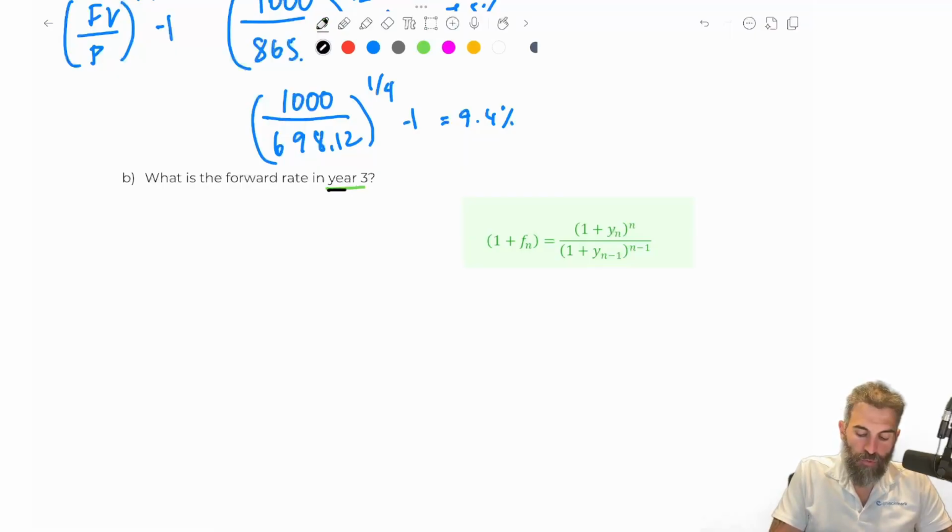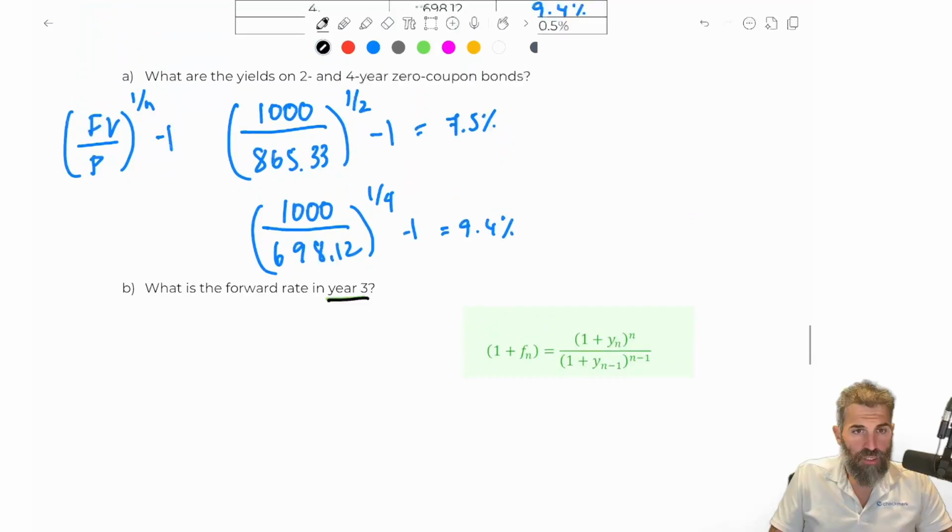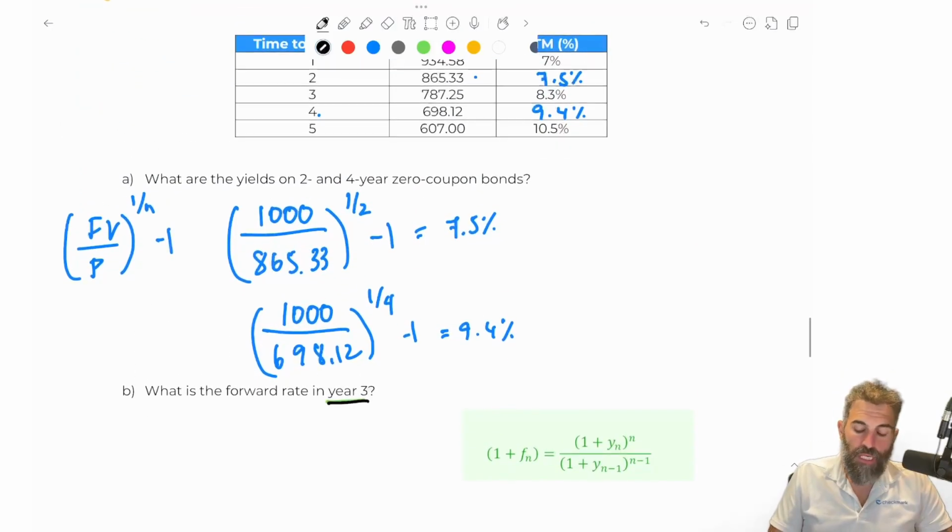When you want to find the forward rate in a particular year, what you want to compare is the yield you're getting for, let's say, a 3-year bond versus the yield you get for a 2-year bond. And it's the same thing. The difference really is going to be how much you're getting for that third year.